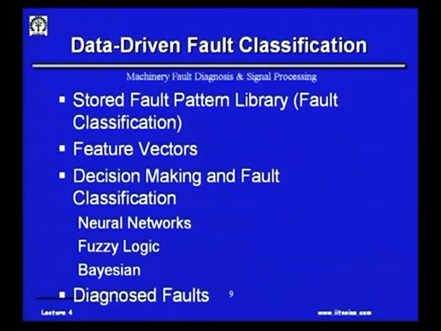Before I go to model based fault diagnosis, I should mention that data driven fault classification is actually done by many methods.